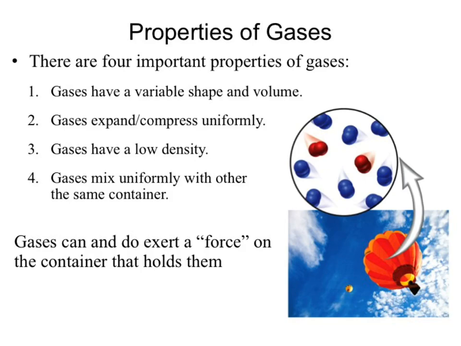They expand and compress uniformly. If I push down on a balloon, it expands and compresses evenly around it. We don't see a single point popping straight up out of it. The whole thing expands and compresses around that tension. Very low densities, and they mix uniformly within the same container.